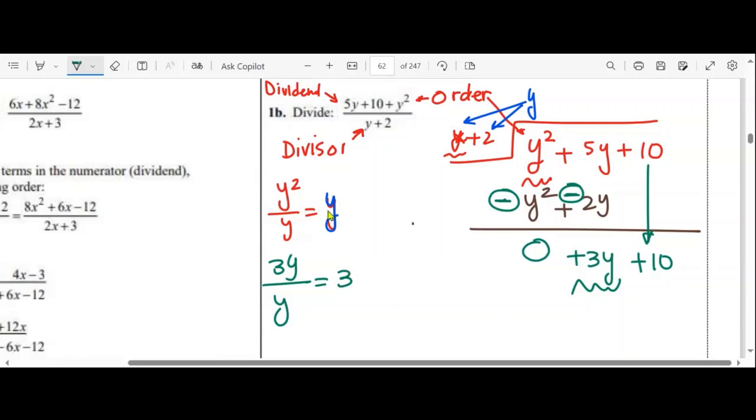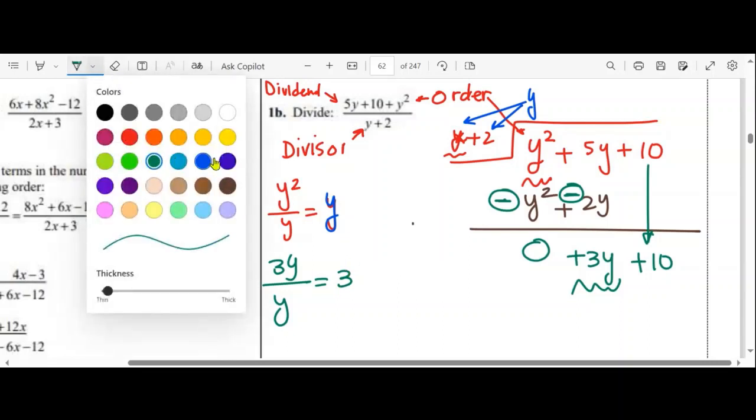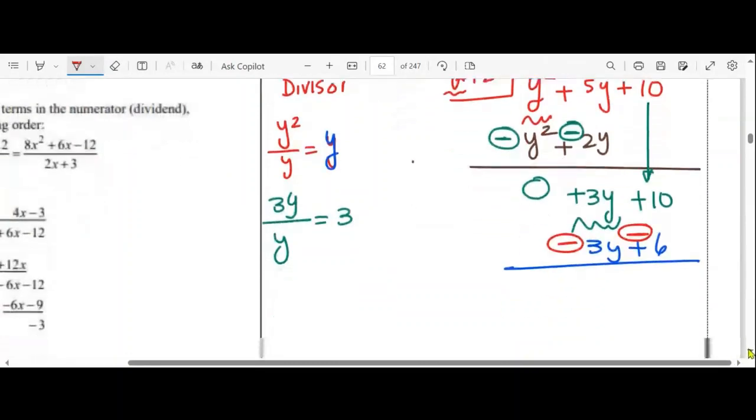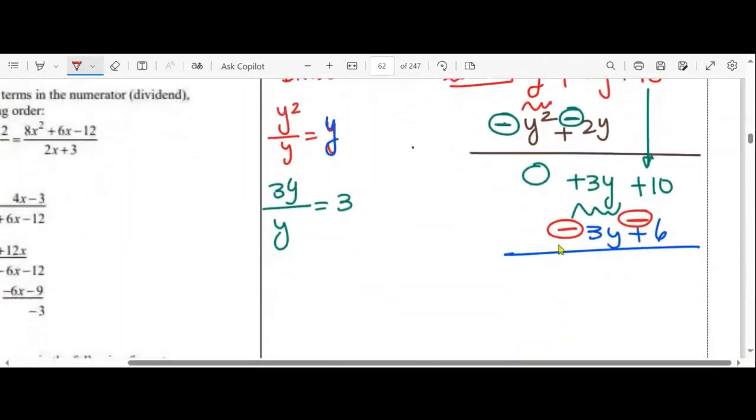And you get 3. And you put the 3 where? Here. Then you multiply the 3 how many times? So what do you get? 3y plus 6. And you have to change what, Muhammad? So this gives you 0, right? And this gives you plus 4.